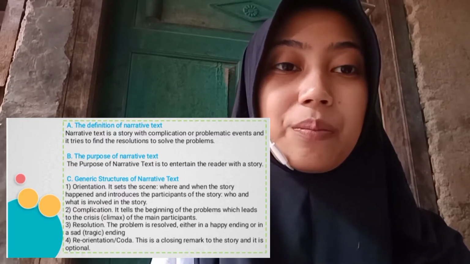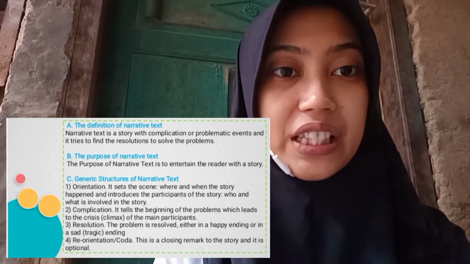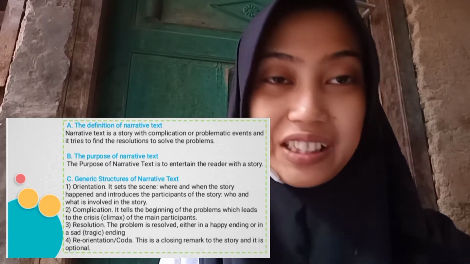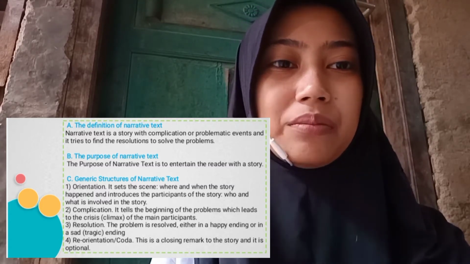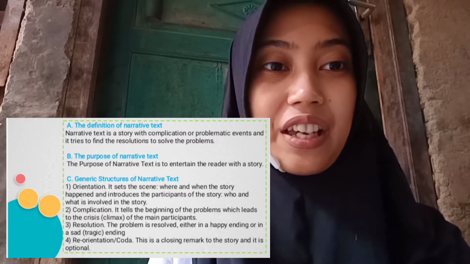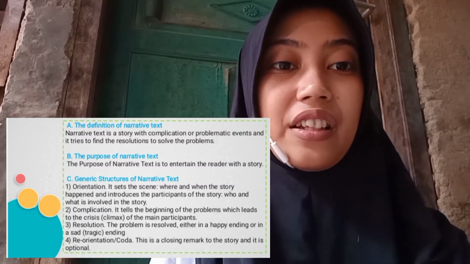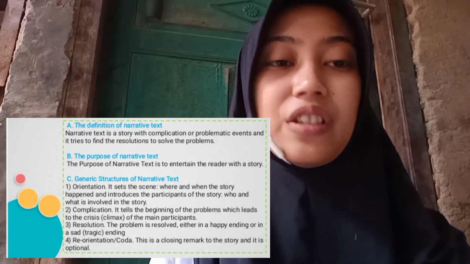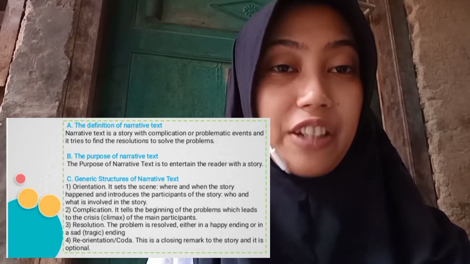The second part is complication. It tells the beginning of the problems which lead to the crisis of the main participants. Resolution is where the problem is resolved, either in a happy ending or a sad ending. And then reorientation or coda, it's optional. Sometimes it does not exist in narrative text, but it consists of a moral lesson, advice, or teaching from the writer.